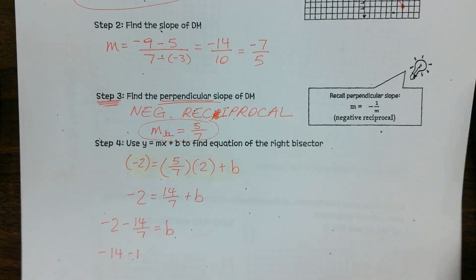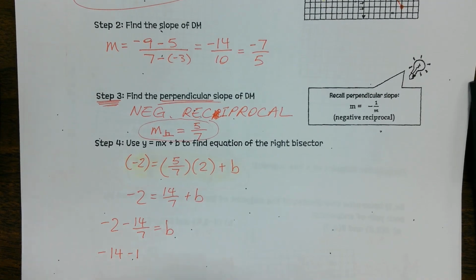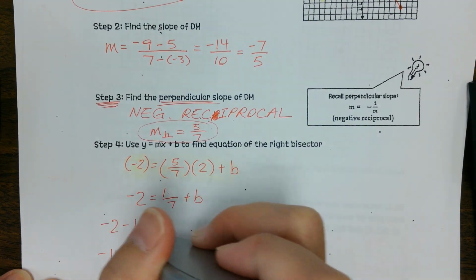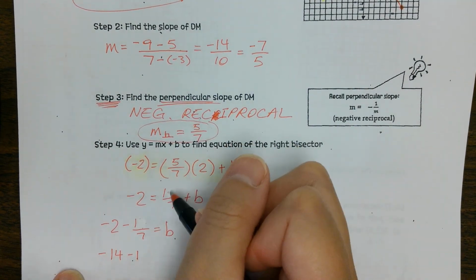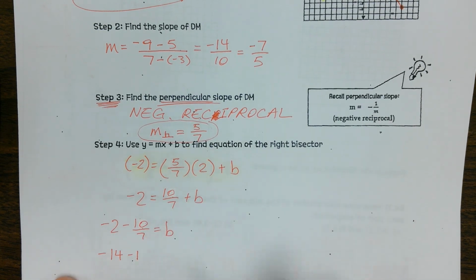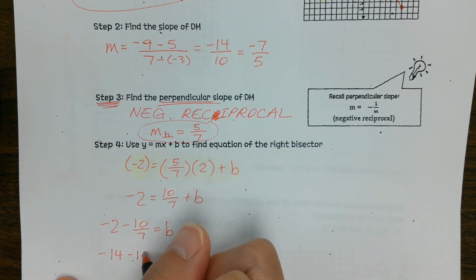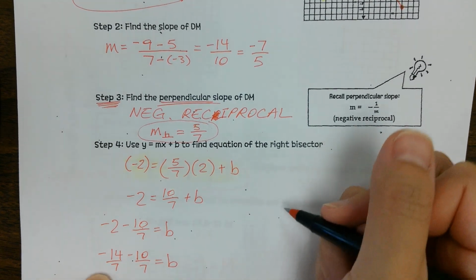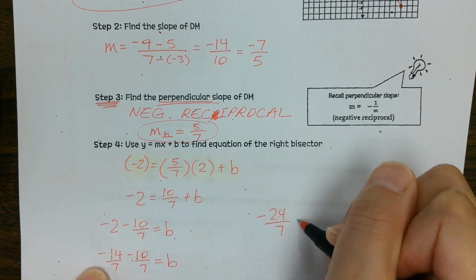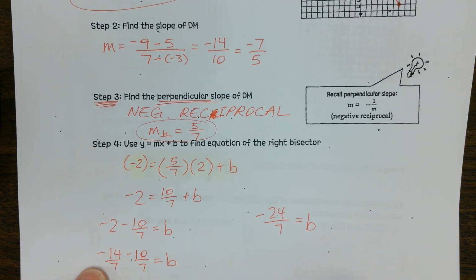Oh, yes, 10. Sorry. 2 times 5 is 10, not 14. So when I move this over, I get this. So B is negative 24 over 7.